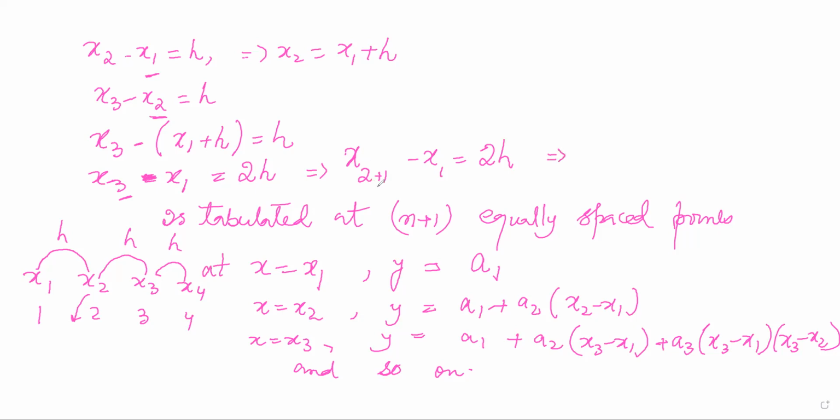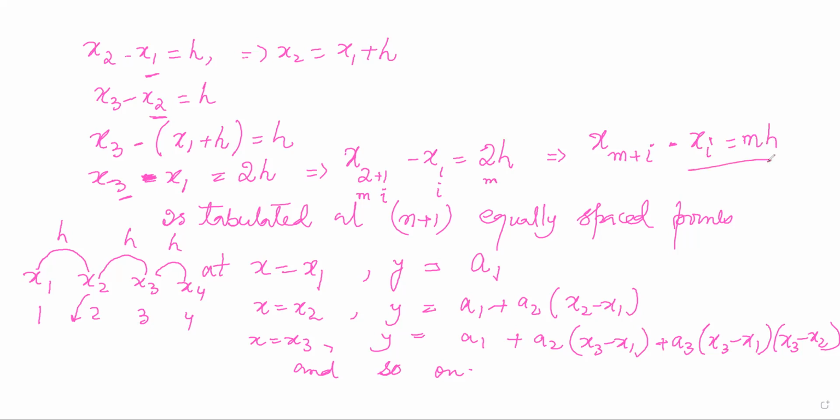If I call this 2 as m, and I call this i as i, the general expression, and 2 is m. So this is i, this 2 is m. So from here we can write x(m plus i) minus xi is equal to m times h.